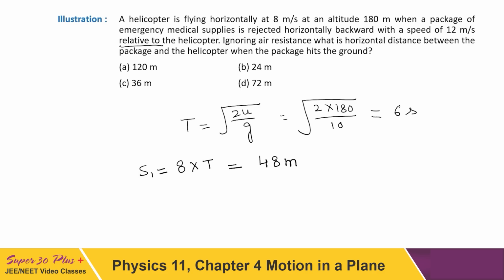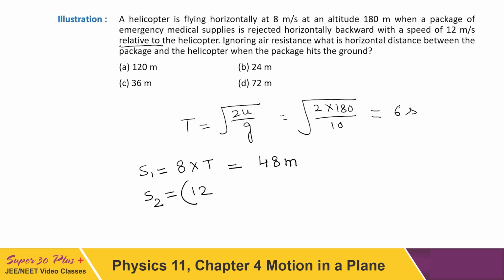In the same time t, the distance travelled in the horizontal direction by the package will be, let's say, S2. Now we have to write the velocity of the package in the horizontal direction. Here relative velocity is given. So first calculate the velocity of the package, which is the velocity of the package with respect to the helicopter, 12, plus the velocity of the helicopter.